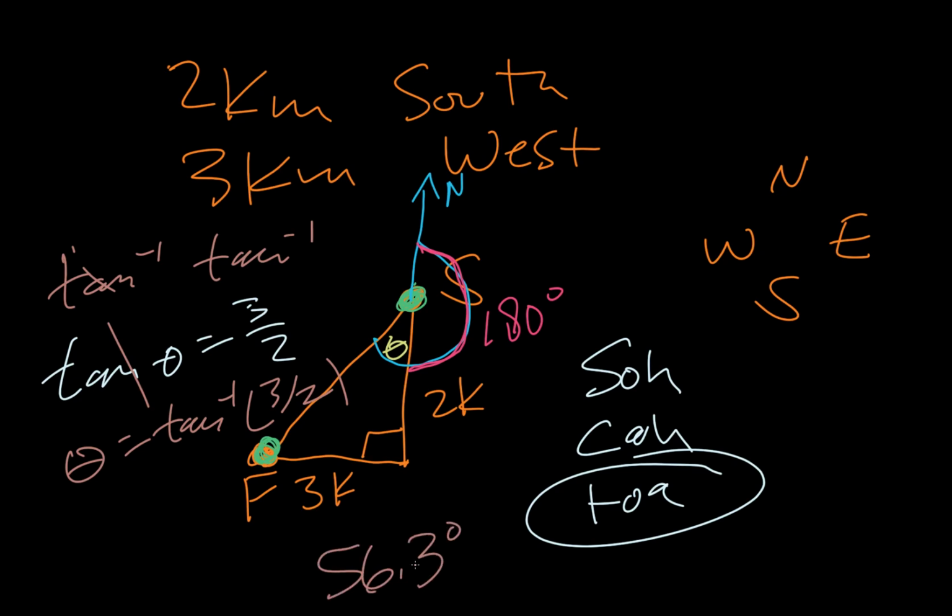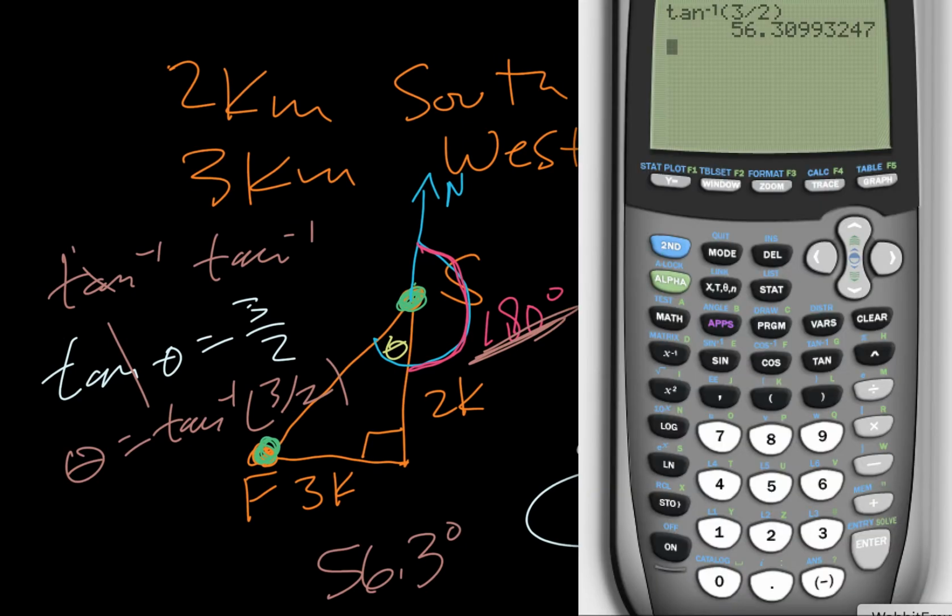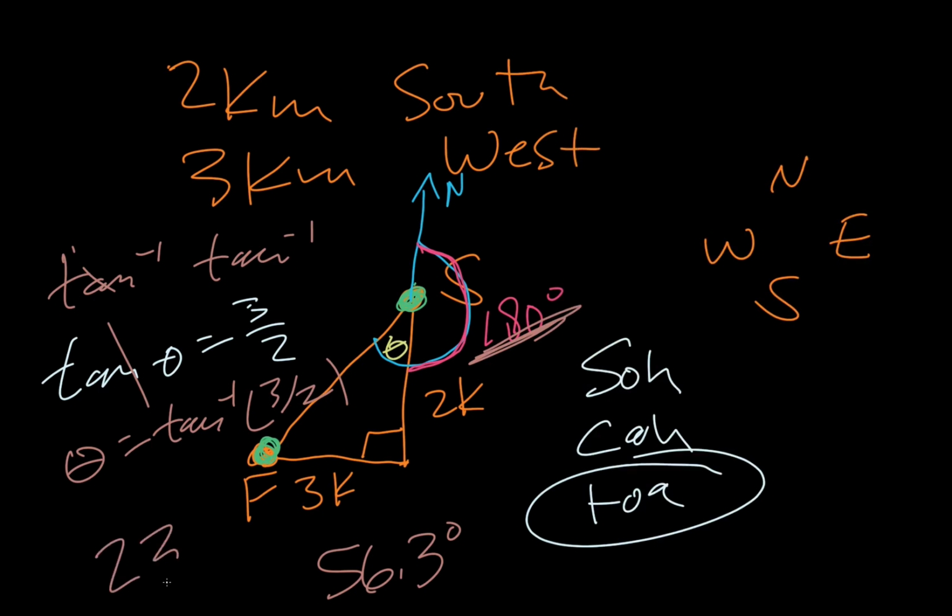That's our 3 digits using a decimal as necessary. And that was just the theta, so we also need to add 180 to that. So we have 236, that's our 3 digits, and that's our answer.